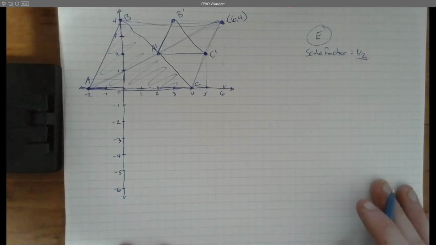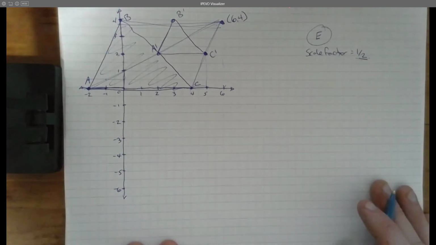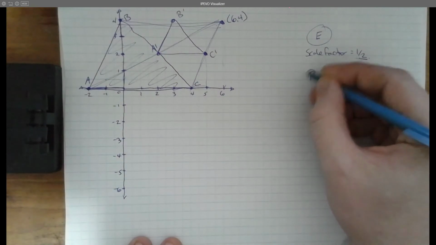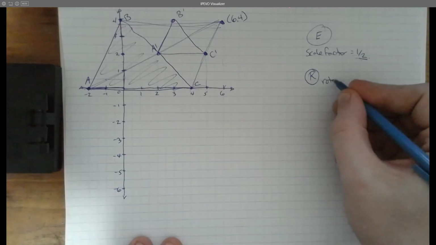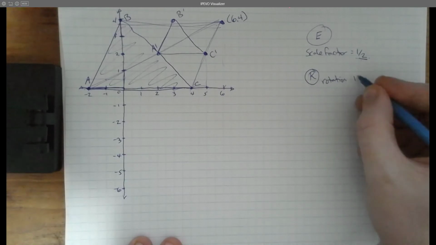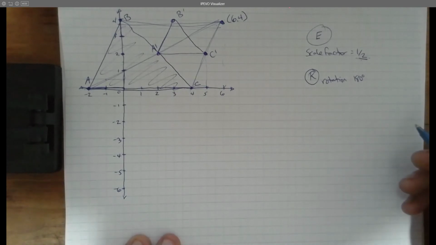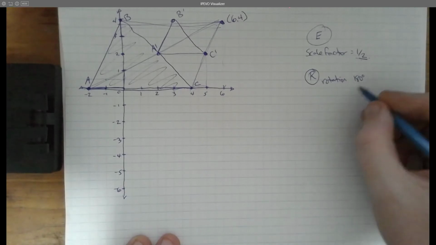Now, unfortunately, it doesn't end there, because it does ask you then to go through transformation R. So now we have transformation R, which is a rotation of 180 degrees about the point (3, -1).